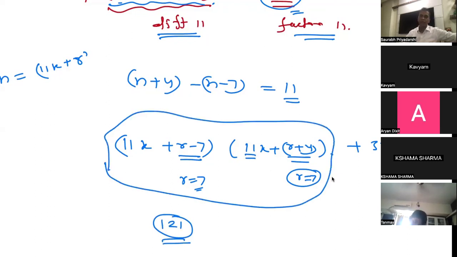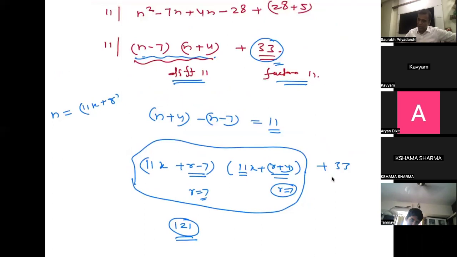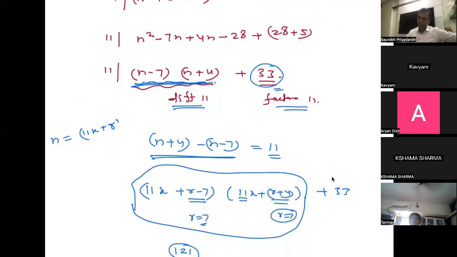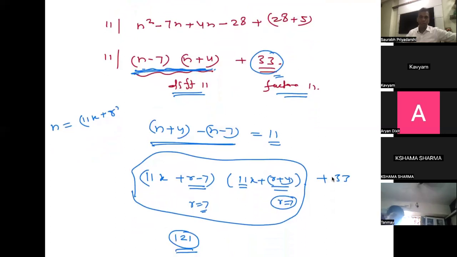Is this okay, everyone? And this is happening why? Because we are able to write it down in the form of this. Right? We are writing this number n square plus 3n plus 5 as n minus 7 into n plus 4. That's the reason we are able to write it down in this form.